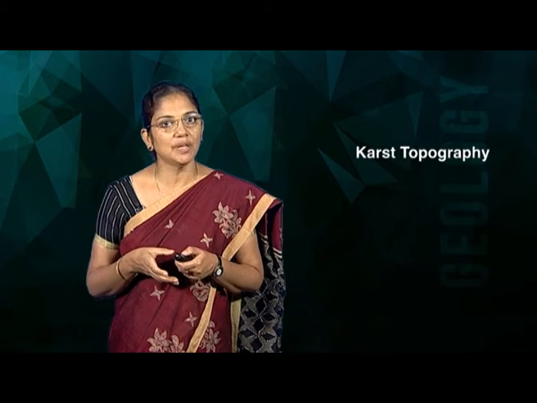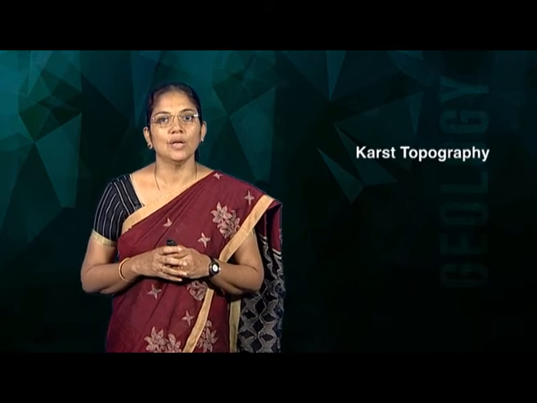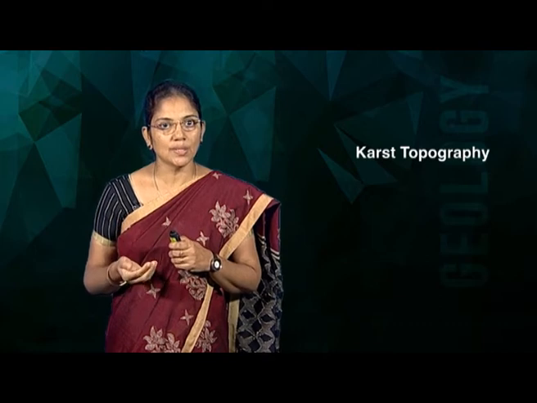So, karst topography is produced by the erosional work of groundwater. It consists of caves, sinkholes, caverns and all those things, and in future there is collapse of the tops of the caves and all, and the resulting topography you can call karst topography.